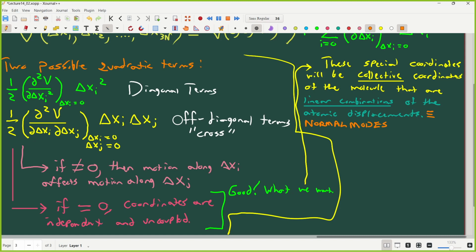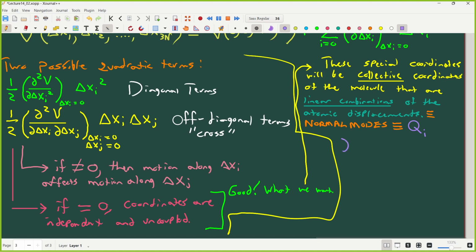In this class, whenever it comes up, I will typically write a normal mode as Q sub i. That's the ith normal mode, Q. And Q sub i will be a combination of all the displacements of different kinds.